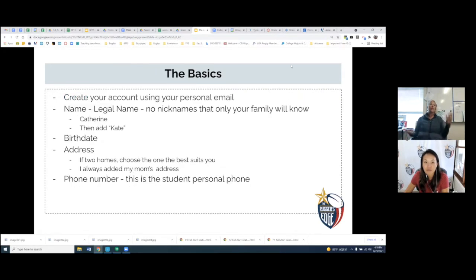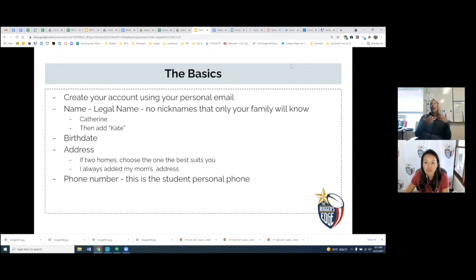Okay, so the basics, and Karen's going to go over what this all physically looks like in the Common App so you can actually see it. But the first thing I want you to know is that you do need to create your account. You're going to want to use your personal Gmail or personal email of any kind. Do not use a school email, because school emails often block outside information from the system. They are an internal closed circuit.